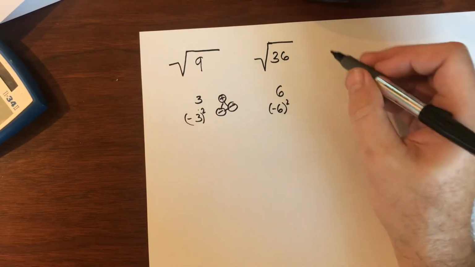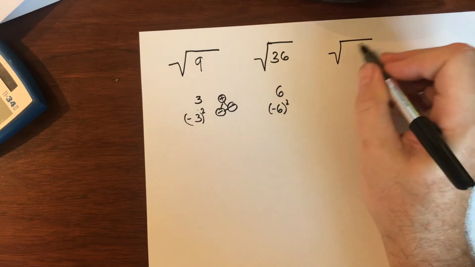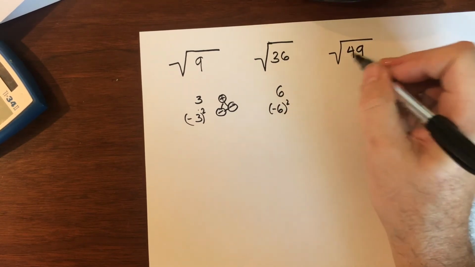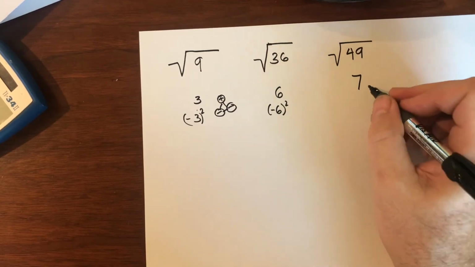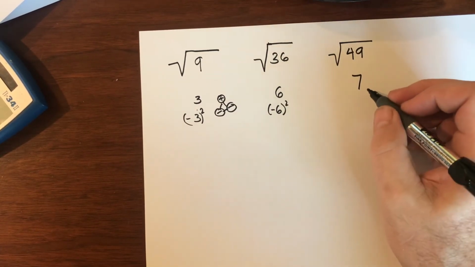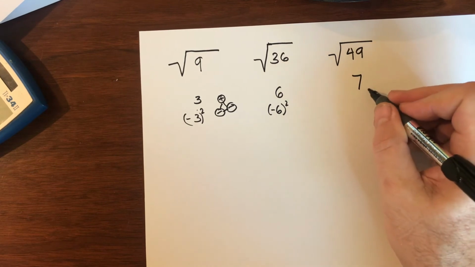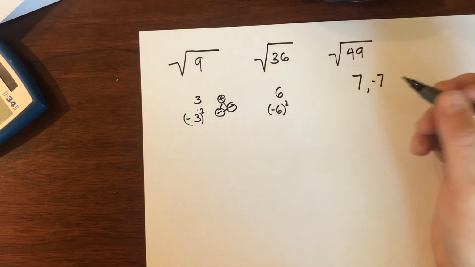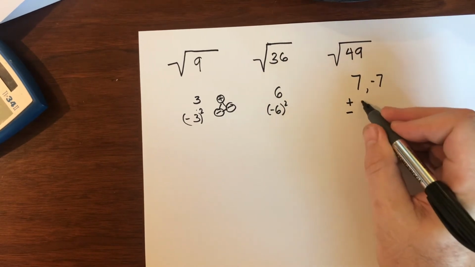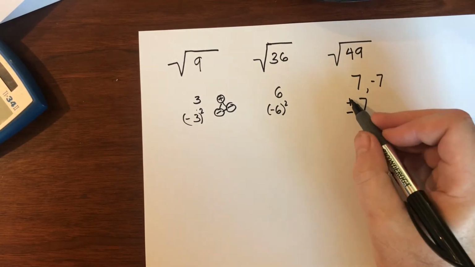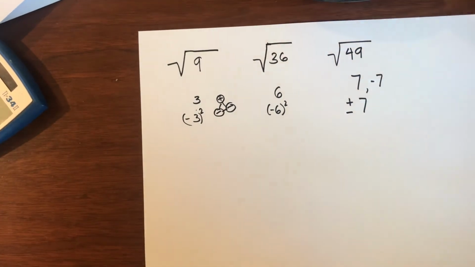So anytime you take a square root, we know that 7 times 7 is 49. So you're going to write that 7. But since there are two answers, you could say it 2 ways. You could either write 7 comma negative 7, or do what I do, which is I put the positive and negative sign in front of the 7. It's saying both positive and negative 7 squared will make 49.